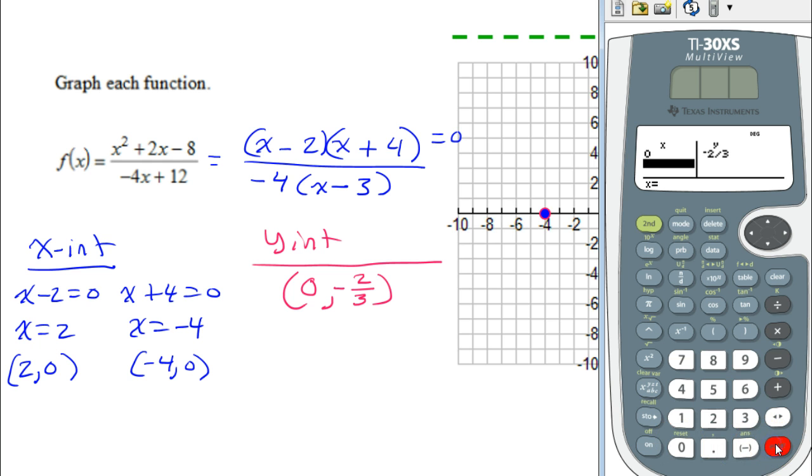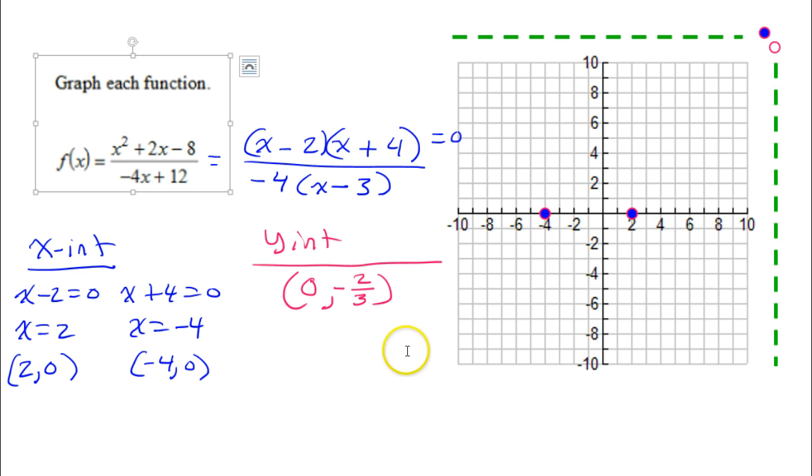Alright, and I want the y-intercept, so I put in 0, and there's your negative 2/3, just like we said. So let's plot the y-intercept as well. Alright, so (0, negative 2/3) would be right about here.